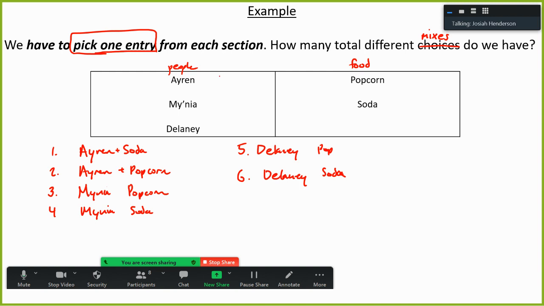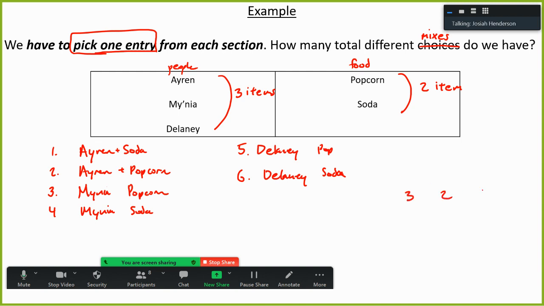There's 3 items in here, or 3 choices, 3 people. And then on the right list, we've got 2. Do you see a relationship between 3, 2, and then our total number of options that we came up with of 6 mixes? Do you see a relationship between those numbers?